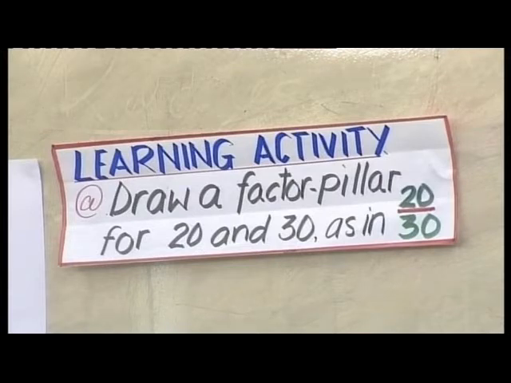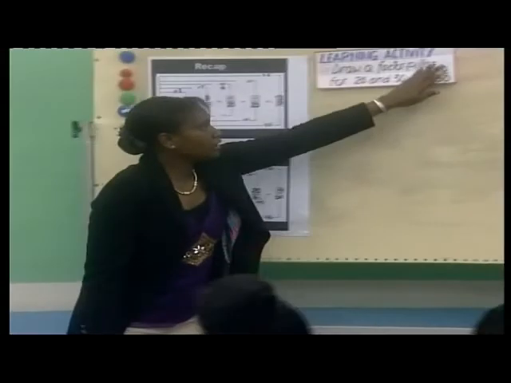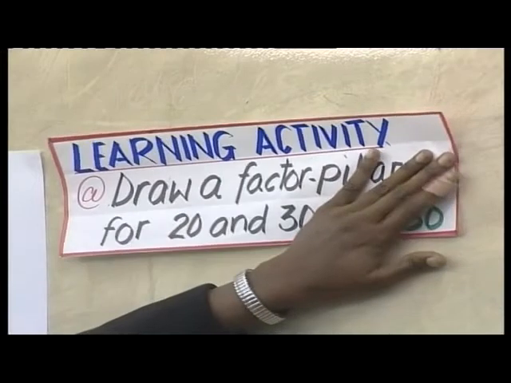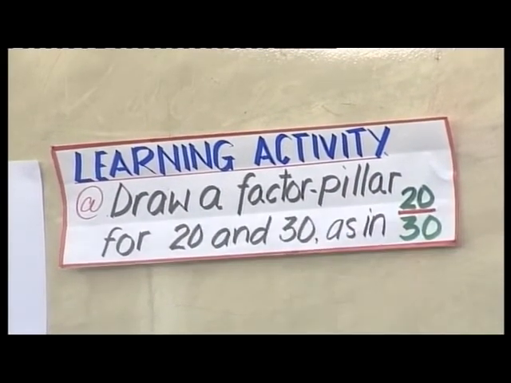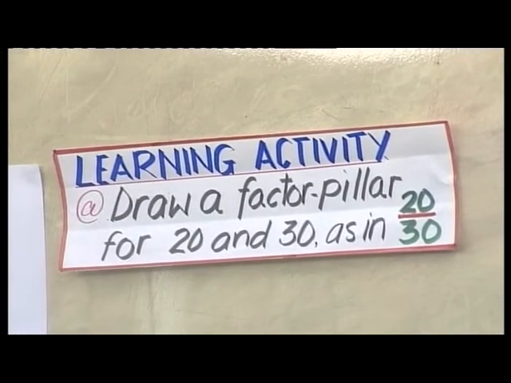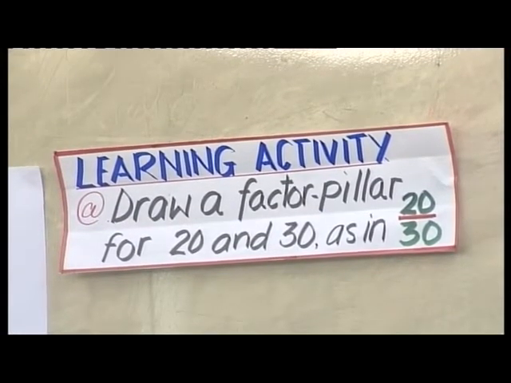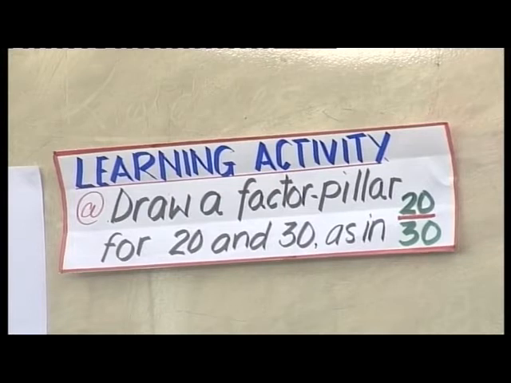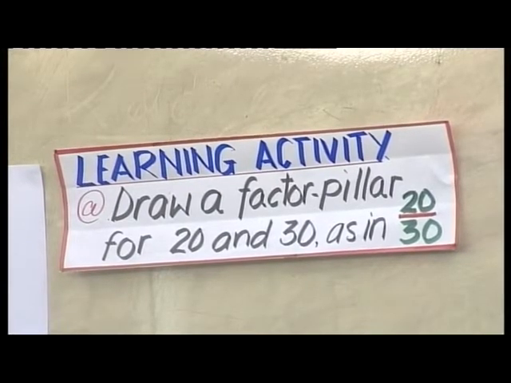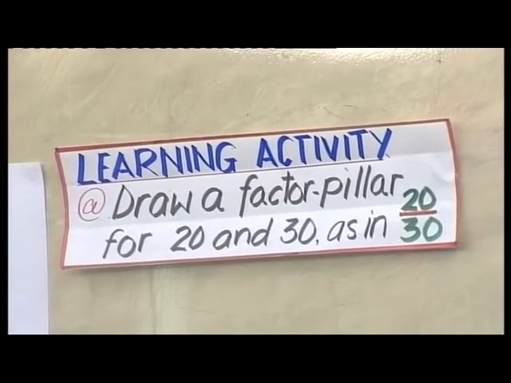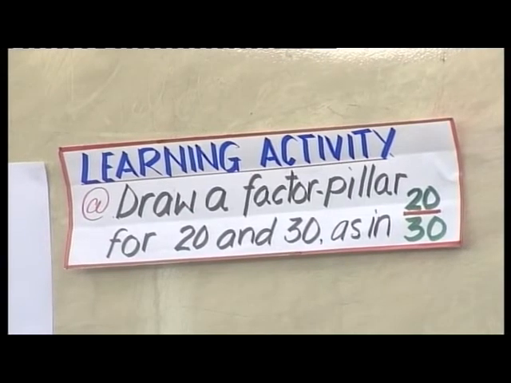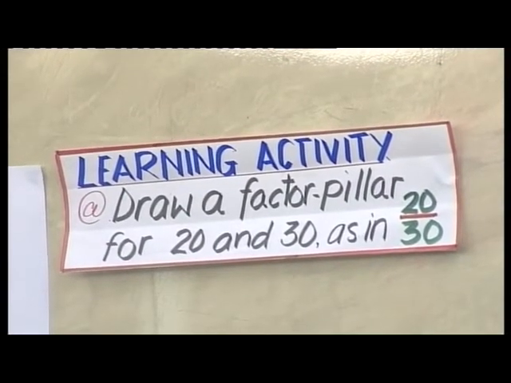So here, you are to draw a factor pair for 20 and 30 from the fraction 20 over 30. I understand you already have an idea on how to draw a factor pair, but for our case now, I will put an incomplete factor pair so that we can go through that together.